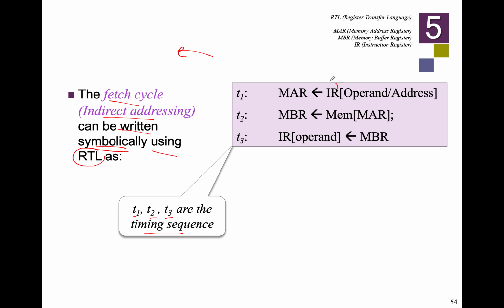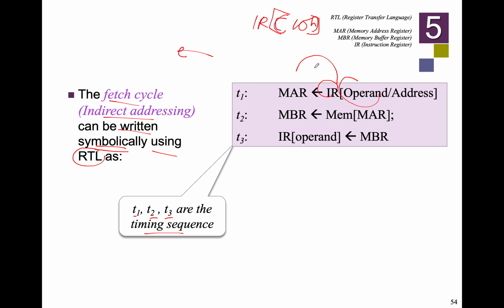You have the IR operand or address. So depending on whether, let's say, your IR value is 10 hexadecimal, then it is under operand only. Or if, let's say, it is an address, you're going to look into the address.